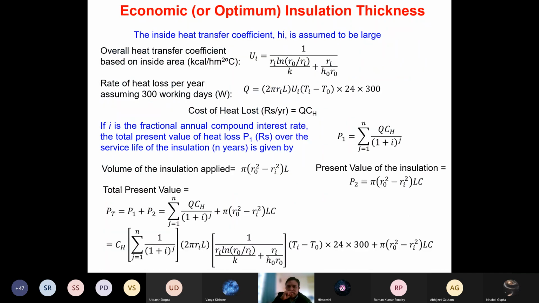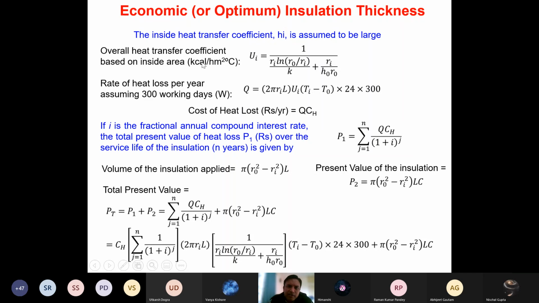Now in this case, we can write down the equation for the overall heat transfer coefficient based on the inside surface area. This is what we have seen. Ui will be given as Ri ln(R0/Ri)/K plus Ri/(H0 R0), inverted.